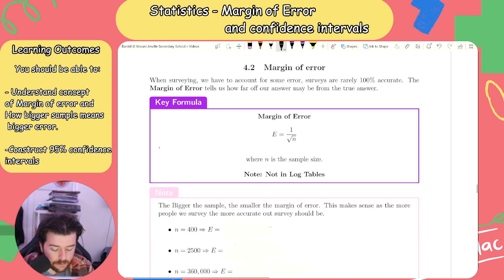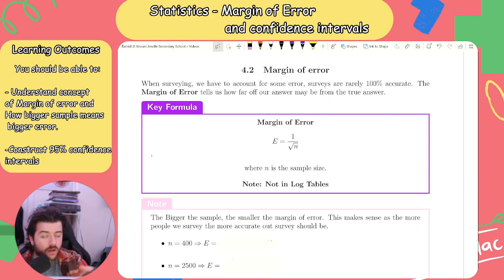Now we're looking at the margin of error. If you go on to college and do papers and studies, or open up the Irish Times and see the studies conducted, it will tell you what the margin of error is. The margin of error is just a little wiggle room we have.